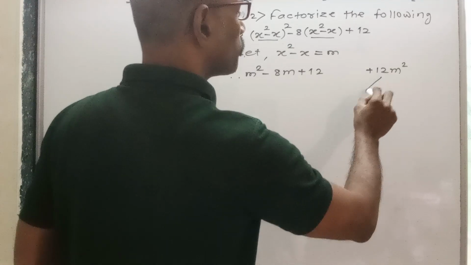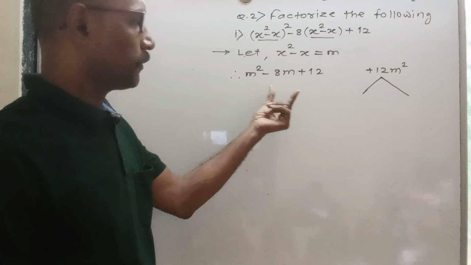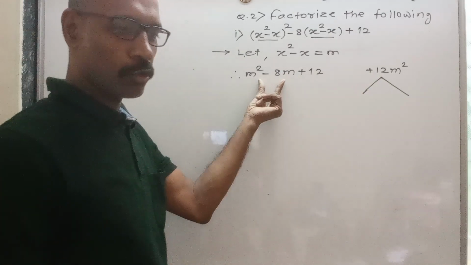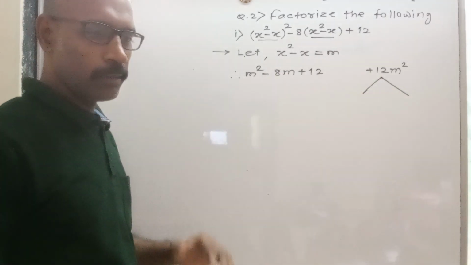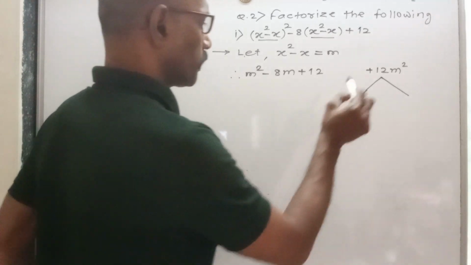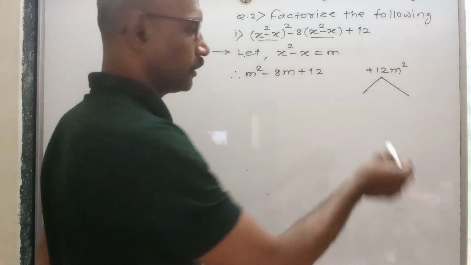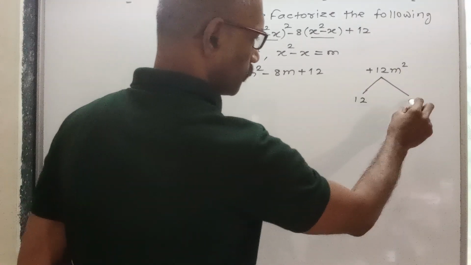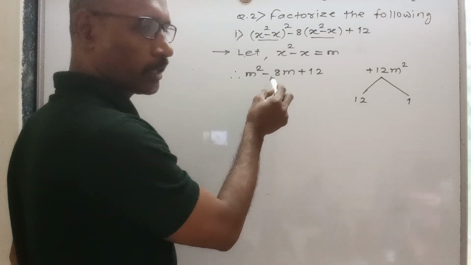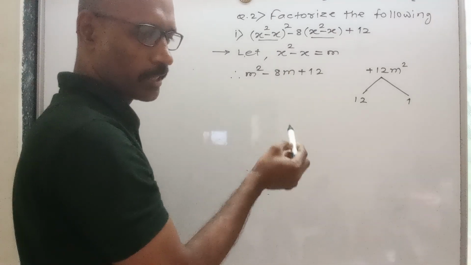Now we split this in such a way that the product should be plus 12 and the addition or subtraction should be minus 8. Now see here, the number of splittings: 12 ones are 12, no; 12 minus 1 is 11, but this is minus 8.